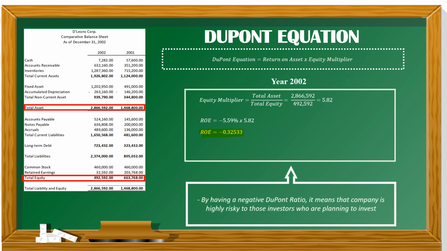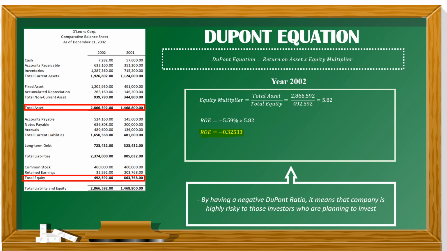Okay, so the analysis here is that by having a negative DuPont ratio, or negative ROE, it means that the company is really highly risky to those investors who are planning to invest.